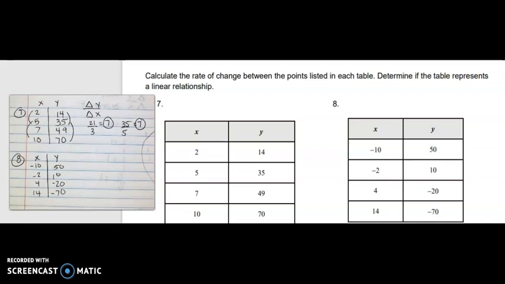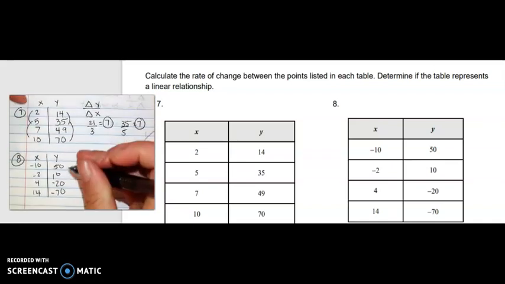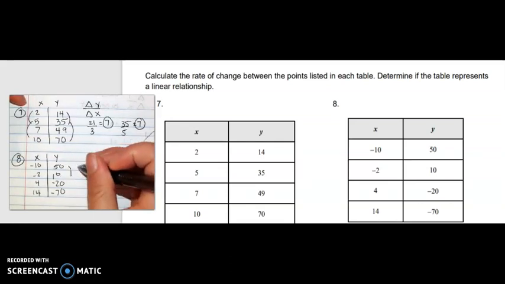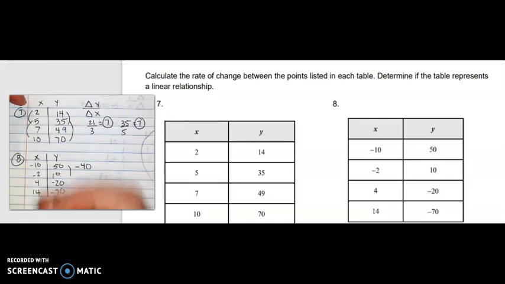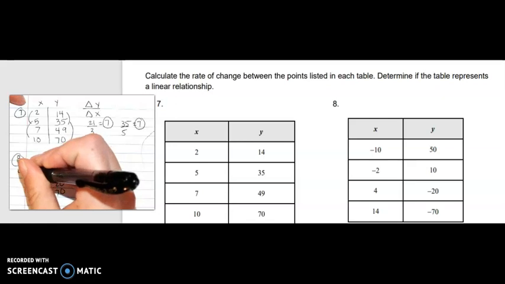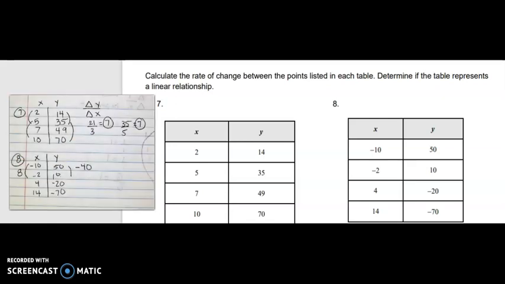Let's look at number 8. The difference between 50 and 10 is negative 40. But the difference between negative 10 and negative 2 is positive 8. This is where integers are very, very important. So negative 40 divided by 8 equals negative 5. Okay, let's find out if that stays consistent throughout.